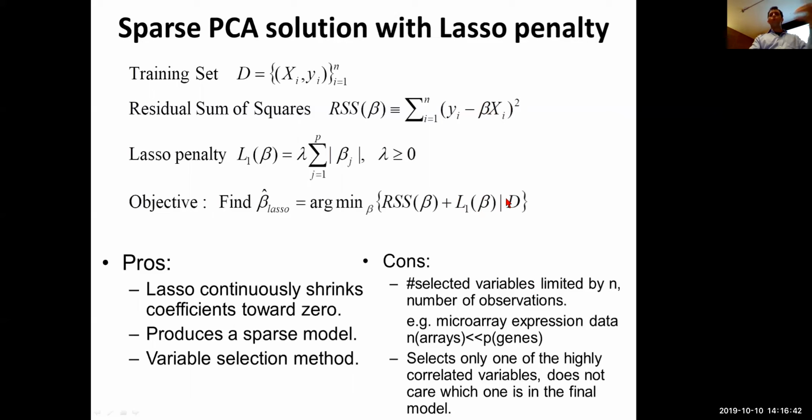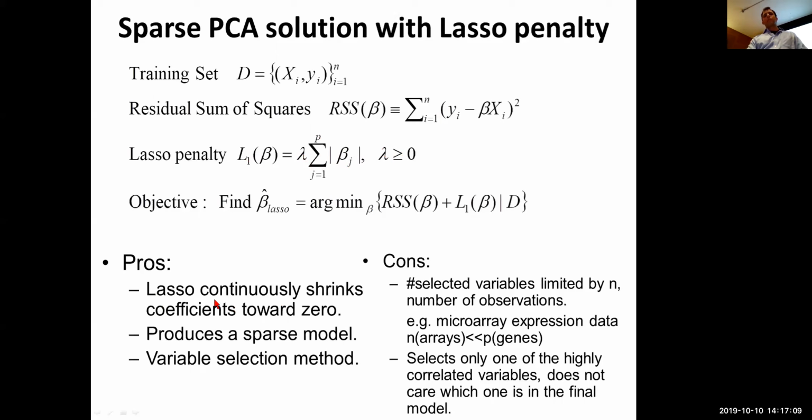So the more betas I'm using, the more penalty I will pay. I'm penalizing the number of parameters that I'm using to express this problem. And how am I penalizing that? Using just the sum of all of the betas. So this is a linear penalty, also known as L1.